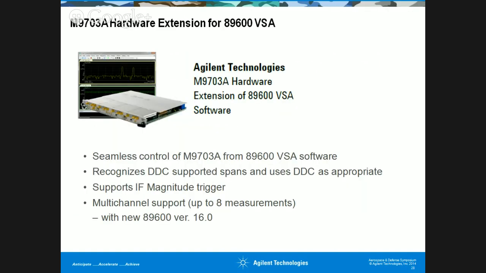Talking about the VSA software, it can control this particular digitizer, which gives you seamless control of the M9703 digitizers. It also recognizes the digital down converter, supports spans, supports the IF magnitude trigger, which is required for triggering each of the channels, and it gives you multi-channel support up to 8 channels.